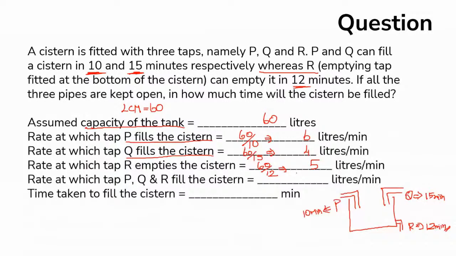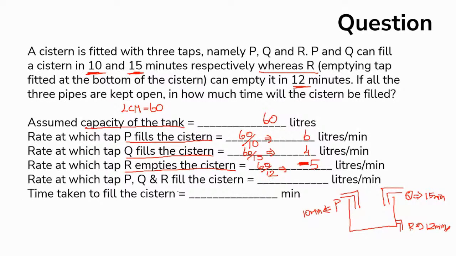But since it is emptying, while writing it we mention it with a minus sign for our understanding. So minus 5 liters per minute. Yeah, so the rates at which P, Q, and R fill the cistern.